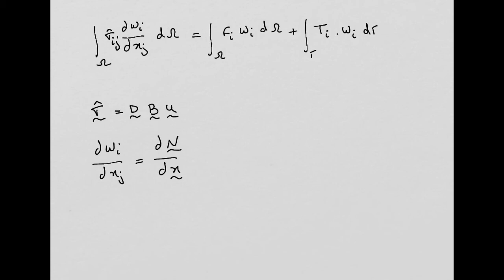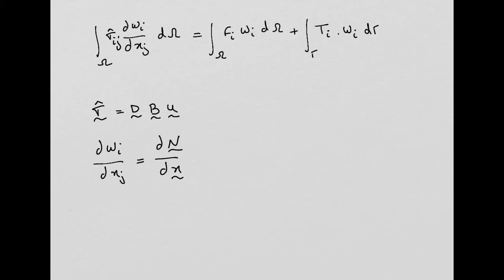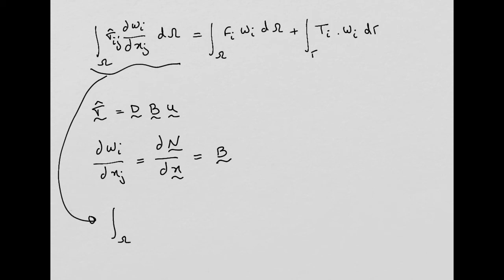Okay, and we have seen that this is equal to our strain displacement matrix B. So if I work out this integral, here I will have the integral in the domain, the derivative of the weighting function is equal to the derivatives of the shape function is equal to the strain displacement matrix B. So this is my dw/dx times the stress, which is given by this equation here.